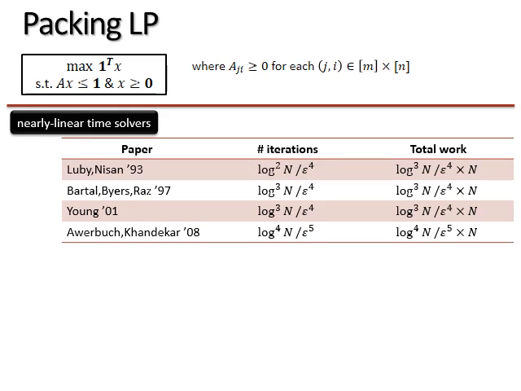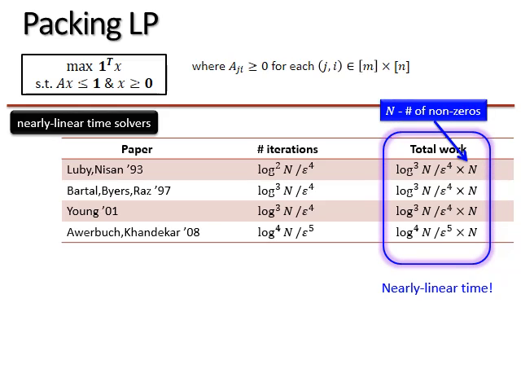In particular, the above 4, originally discovered by Luby and Nisan 22 years ago, have total running times that are nearly linear. The running time is big N, the number of non-zero entries of the matrix, multiplied by a few log factors and divided by a few epsilon factors. So this is great, the total running time is fast.